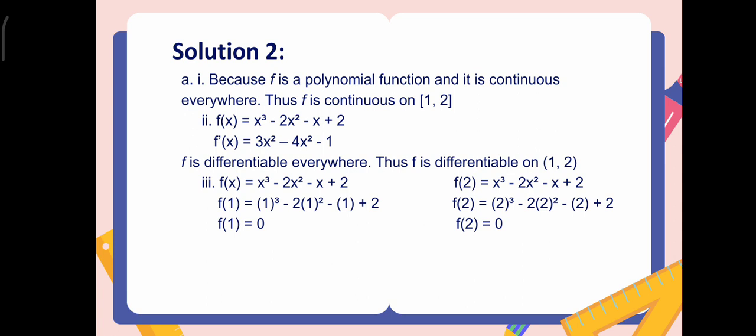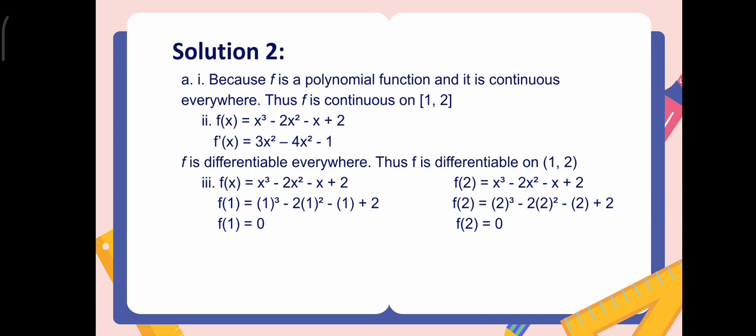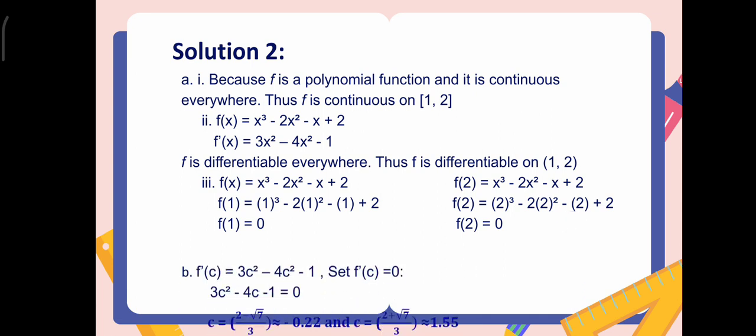So here f of 1 is equal to 0. Let us have f of 2 right here. f of 2 is equal to 2 cubed minus 2 times 2 squared minus 2 plus 2.